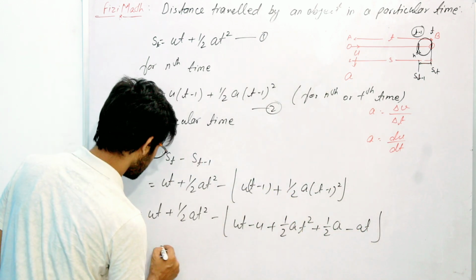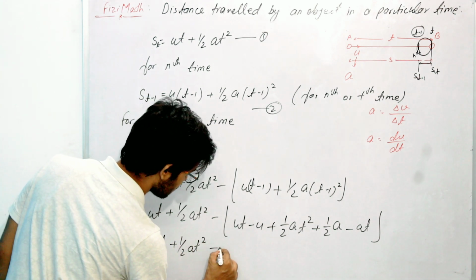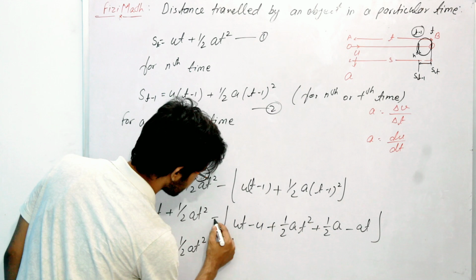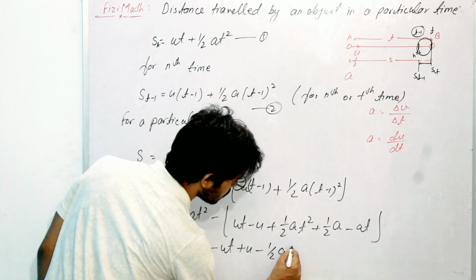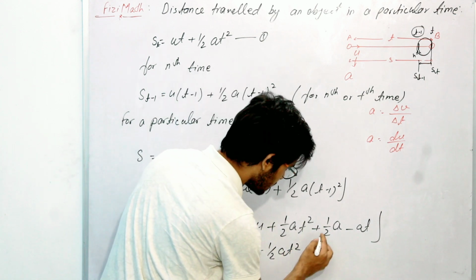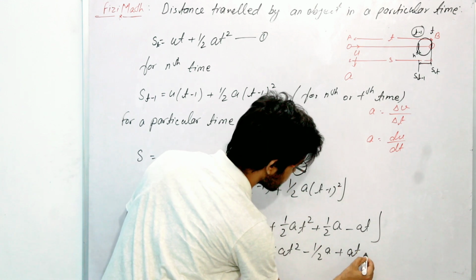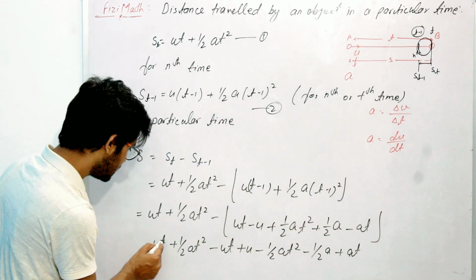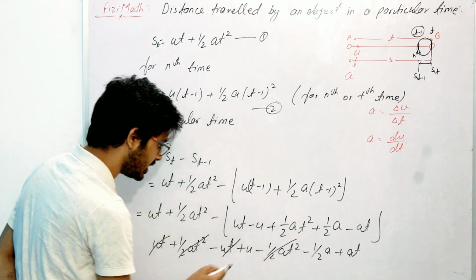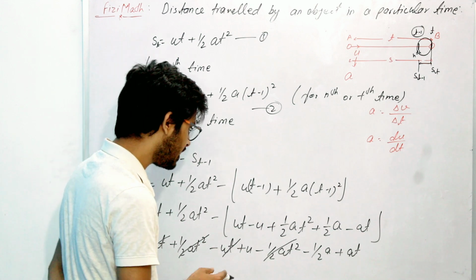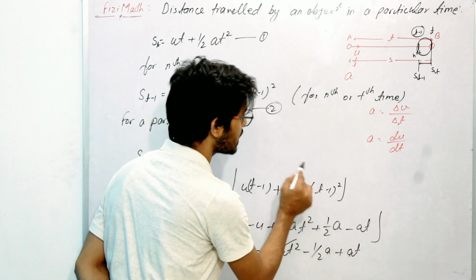Now open the bracket: ut plus half at square minus ut, and minus into minus plus u, minus 1 upon 2 at square minus 1 upon 2 a and minus minus plus at. Okay, so look here, ut cancels out, half at square cancels out. So we have got u minus 1 upon 2 a plus at.